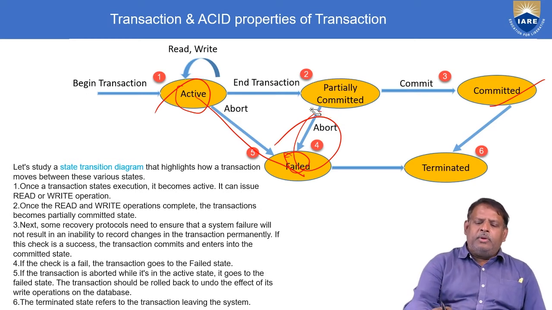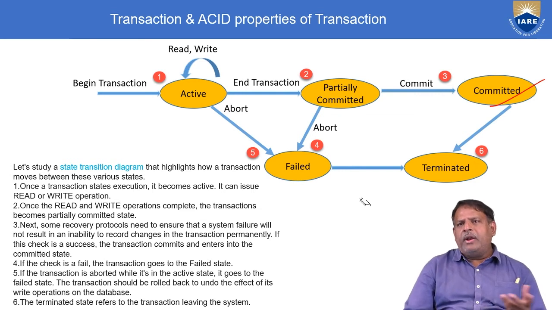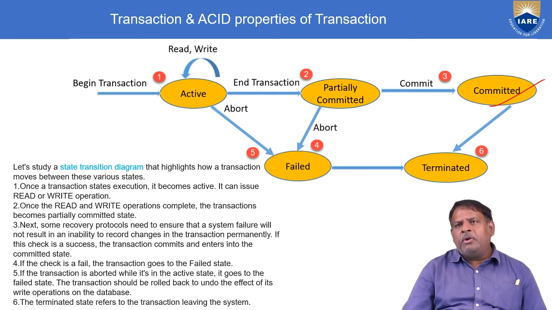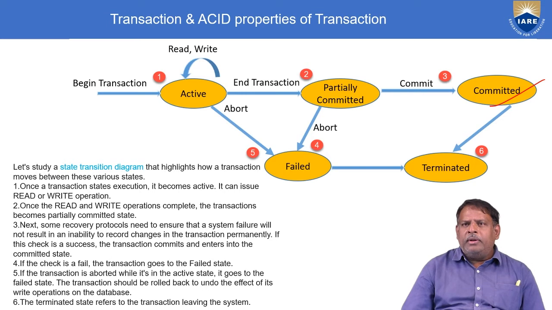Suppose you go to an ATM and try to withdraw 500 rupees from your own account, but by some failure the ATM did not give the amount to you. At that time, you will receive a message that the transaction has failed. You'll get back the amount after a few hours or days.